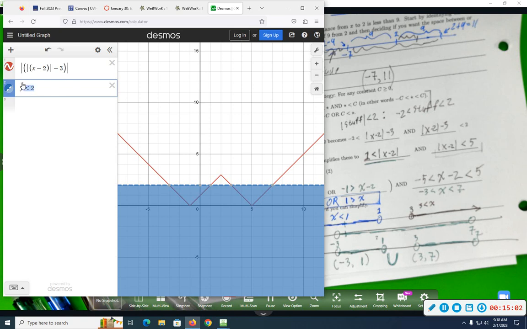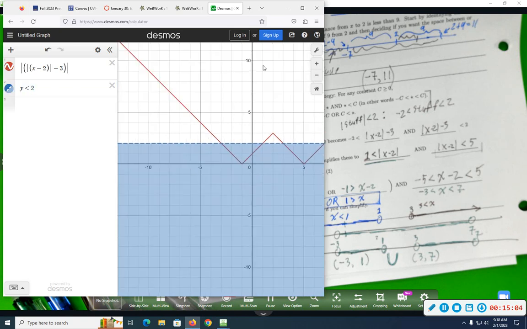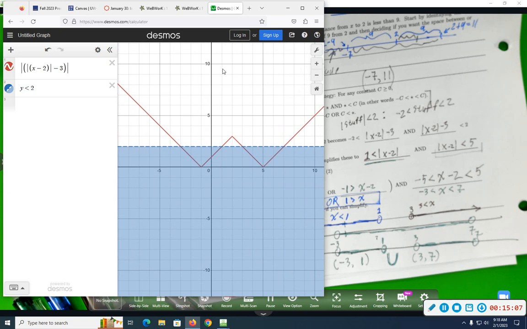Yeah, that'll do. So I want to know what inputs, what x values result in this output value, the y value, being less than 2. And let's just see if this agrees with what we found. So it looks like these y values are too big. So these x values should not be in the solution. It looks like it changes to be true at -3, which I think is consistent with the solution we found.